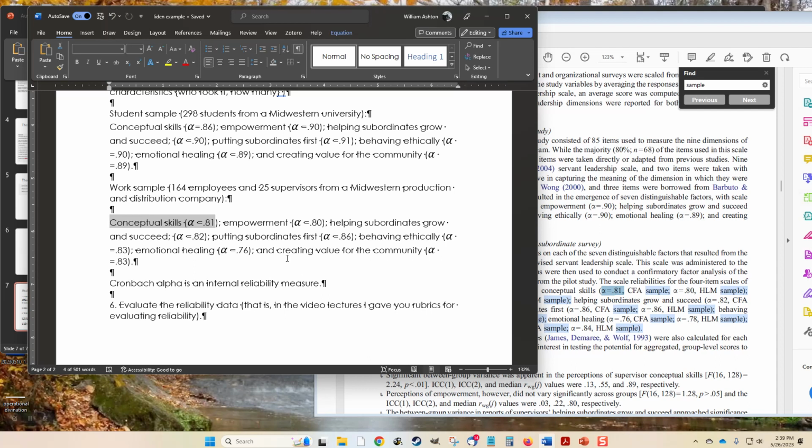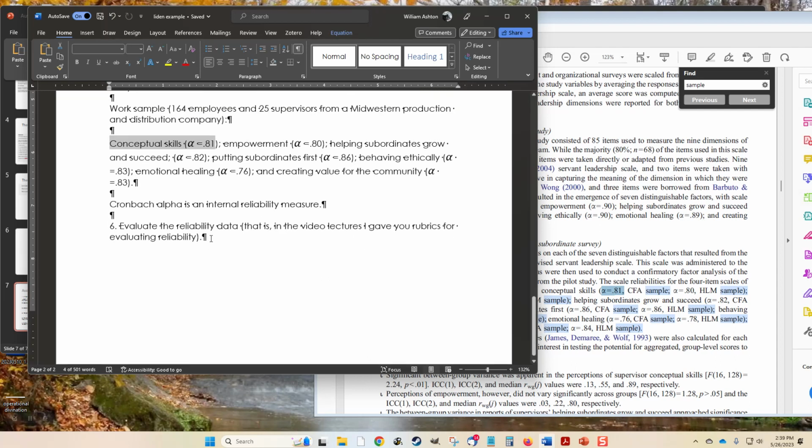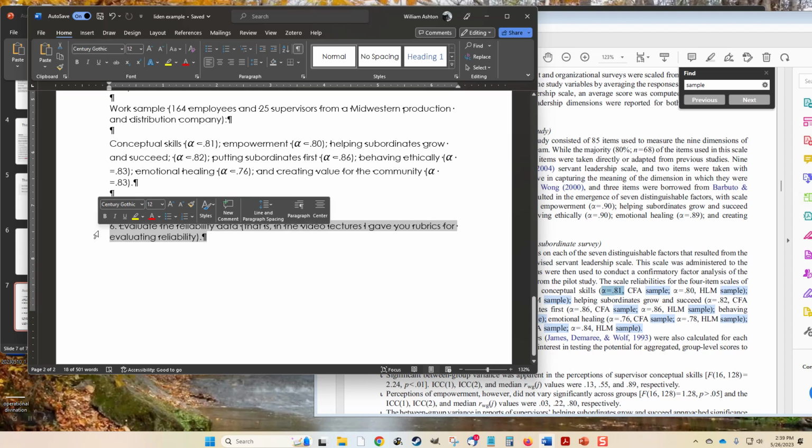So what does that 0.81 mean? And I want you to think about what I said in the video, what the textbook says, and think about how to really apply what those rubrics were in terms of the sizes of Cronbach alpha to the data that we see here.